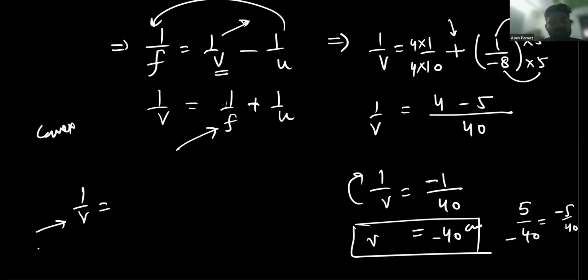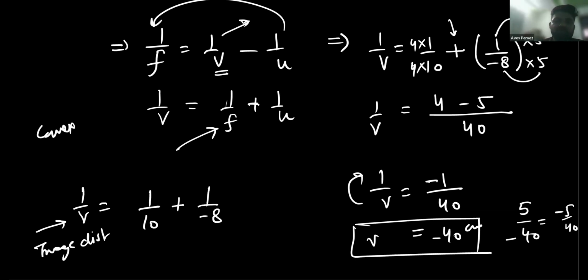I need to calculate the image distance, 1 by V. 1 by F is 10, so we write here 10 because it is positive. Plus 1 by U, and U is negative in the question. I simply take the LCM of 8 and 10, which is 40.